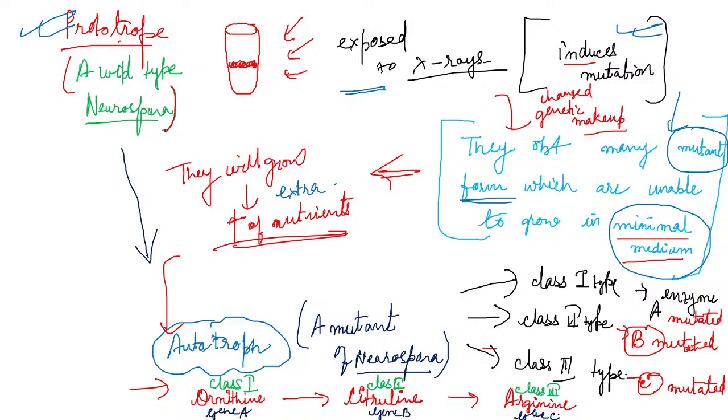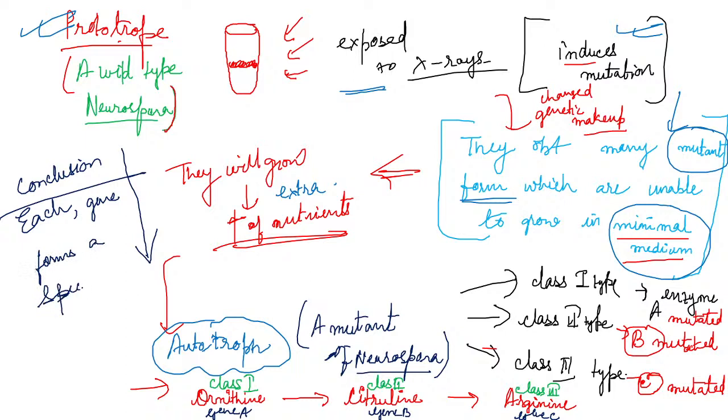Thus Beadle and Tatum concluded from the biosynthesis pathway in Neurospora that each gene forms a special enzyme. What did they conclude? The conclusion of this total experiment by Beadle and Tatum was that each gene forms a special enzyme. Clear?